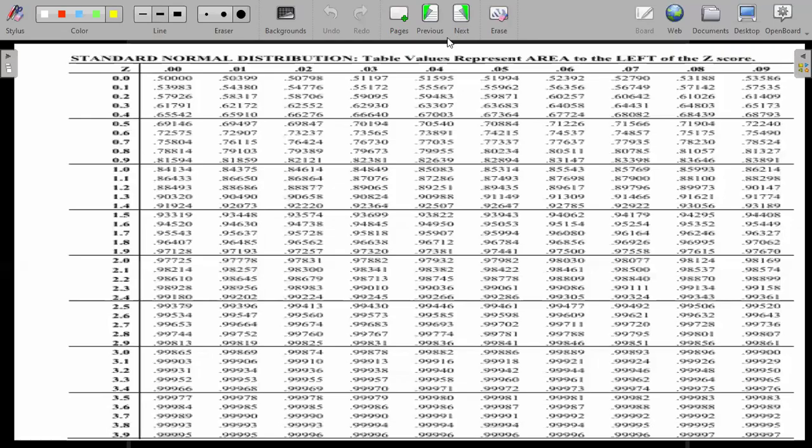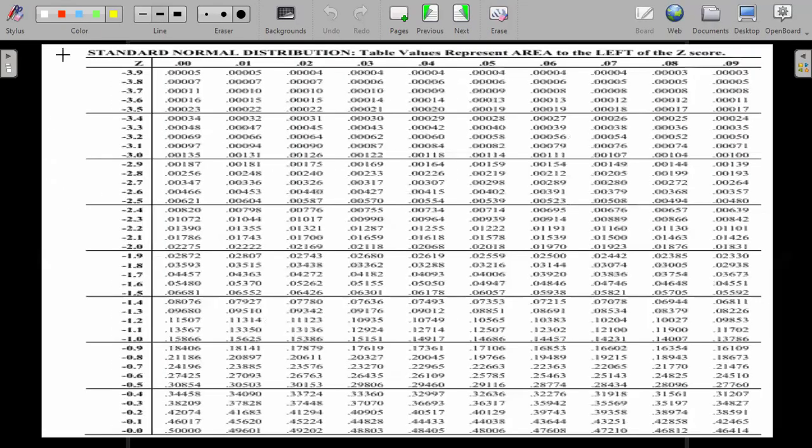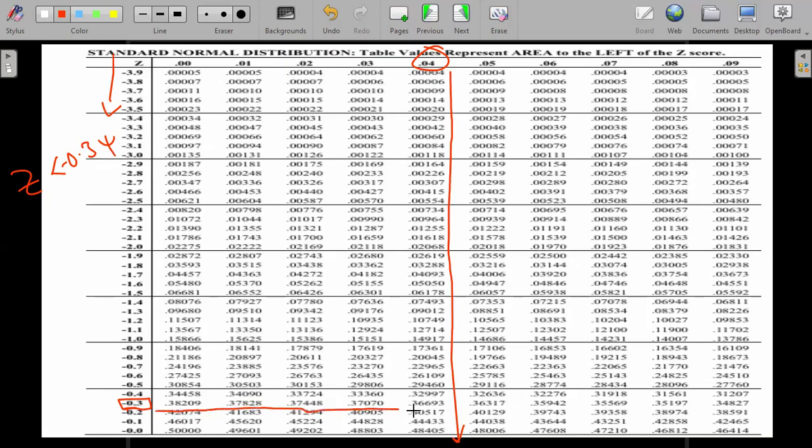So you go on your Z-score table for the negative values because this is negative. I'm finding the probability that Z is less than minus 0.34. So here I'm looking for minus 0.3, it will be there. And then on the column, I'm looking for 0.04, so it will be there. So I come down here, and then here I go to the far right like this.